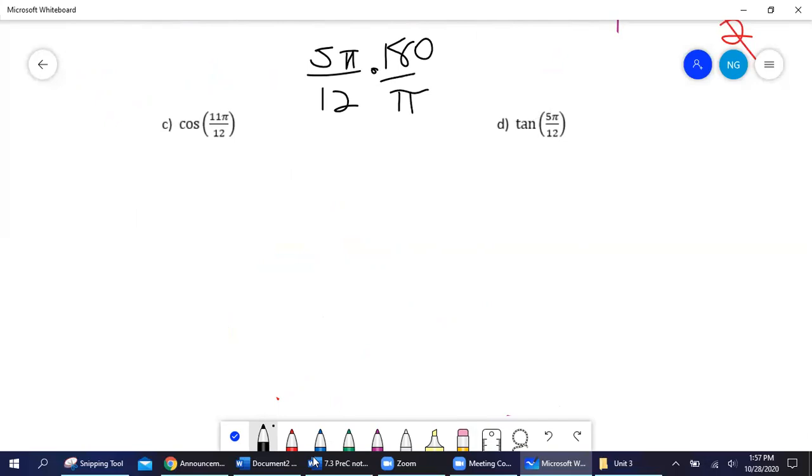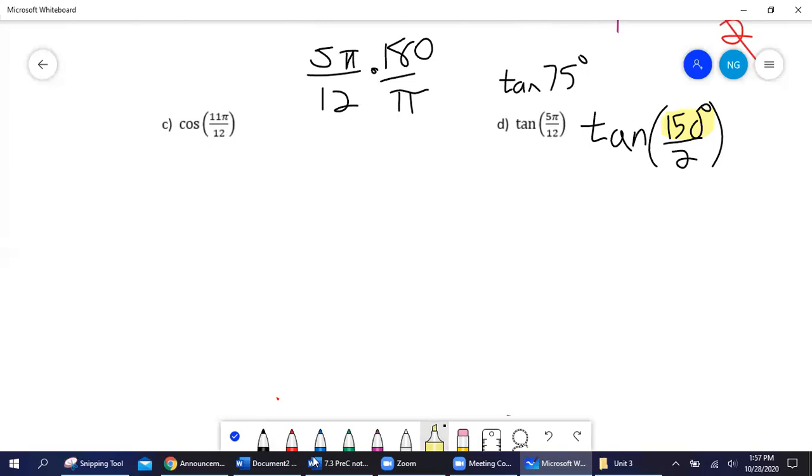It's 75 degrees. So let's do that this time. So this is really the tangent of 75. And again, 75 is half of an angle that we know is half of 150. So the 150 is my x angle.